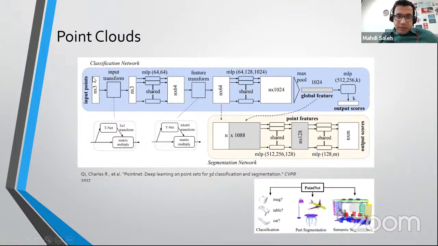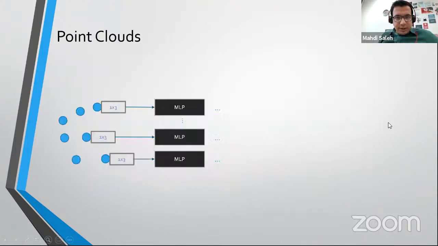As you reorder these points, you would get the same global feature. This is how they process point clouds to do classification. With some tricks, they also stack this global feature on top of the point-level features, and they also do part segmentation and semantic segmentation. So this is pioneering work to process point clouds.